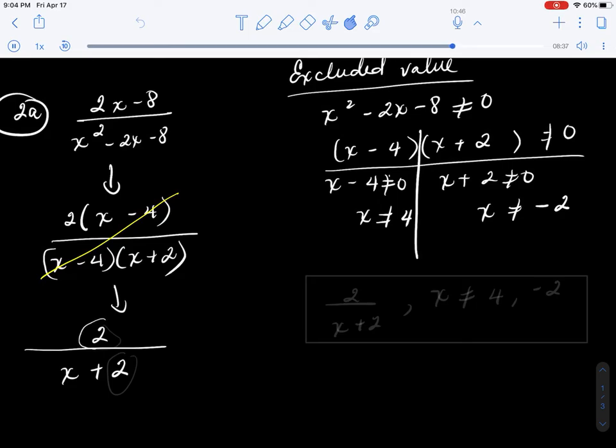Remember, here's the 2, here's the 2. You cannot cancel them because the denominator has the x tagging along. You can only do that when it's a multiplication. On the bottom it would need to be 2x for you to cancel out the 2. At this point, you cannot cancel it out. So my simplified version is 2 over x plus 2, where x cannot equal 4 or negative 2.